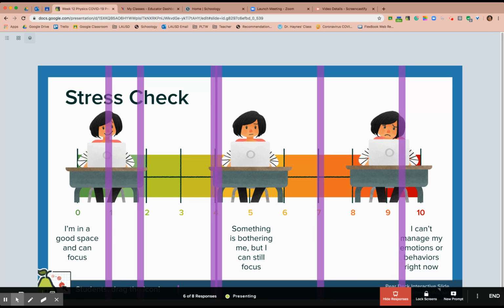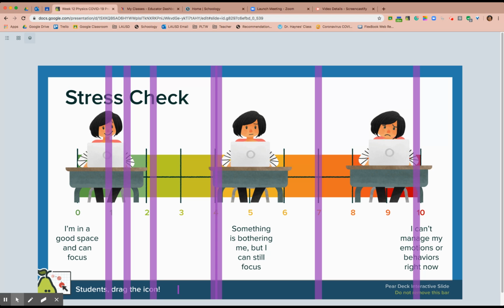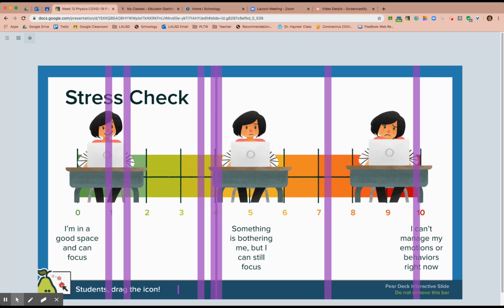So it looks like we have a pretty wide range of how people are feeling. And I've been telling a lot of my students all day today that it is definitely understandable to be stressed out right now. This is all completely new, and just jumping into online school without any preparation can be pretty hard.